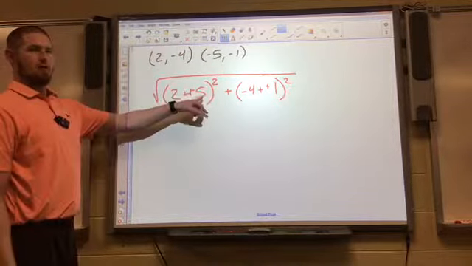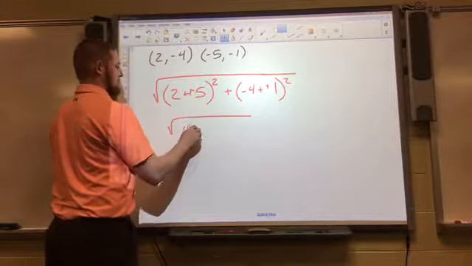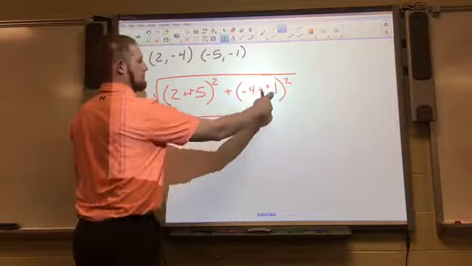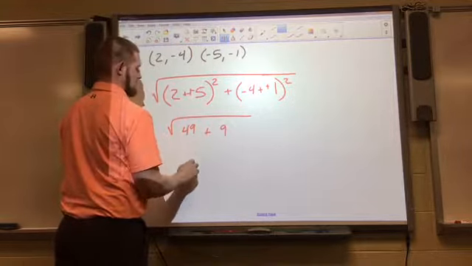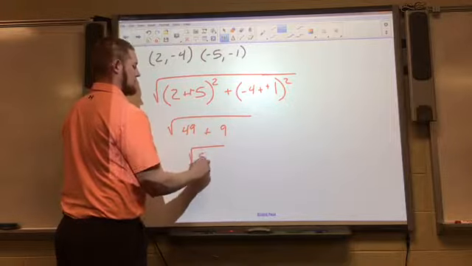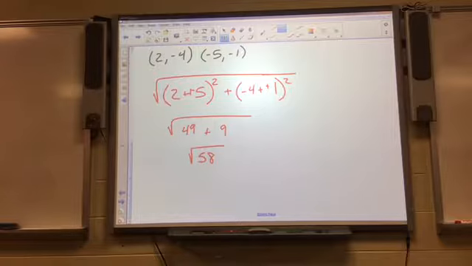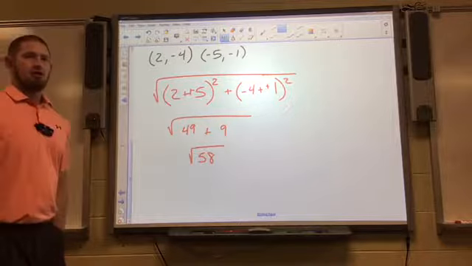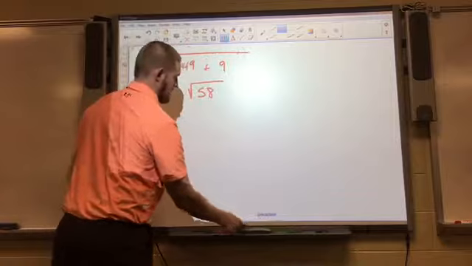2 plus 5 is 7 squared, 49, plus -4 plus 1, squared. So I actually have the square root of 58. Now, what did we do here when I have a radical like this? A couple of them, they changed the decimals. I'd rather reduce the radical. We've done a lot of that. We should be able to do that.